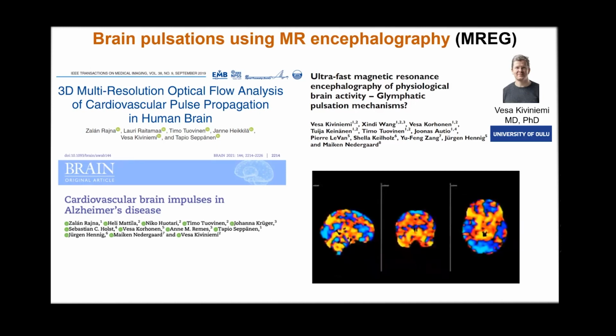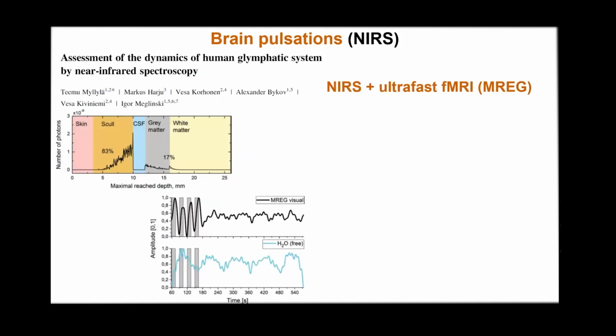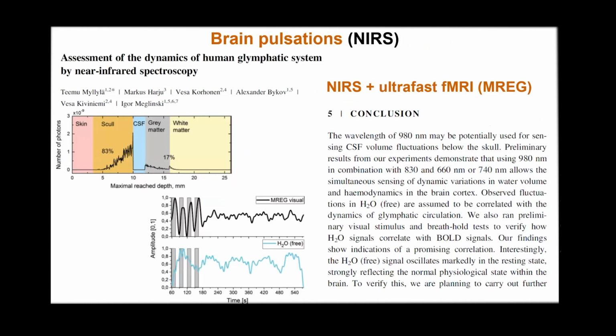And the very low frequency are the brain vasomotion. This is another technique which has been studied by the Finnish group using near-infrared spectroscopy, which allows one to identify the CSF volume fluctuations below the skull.